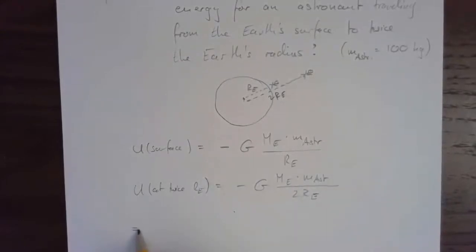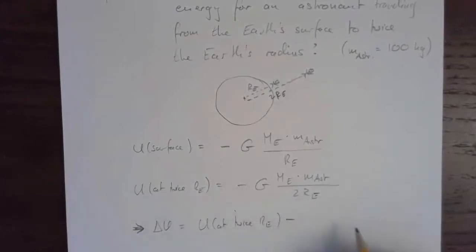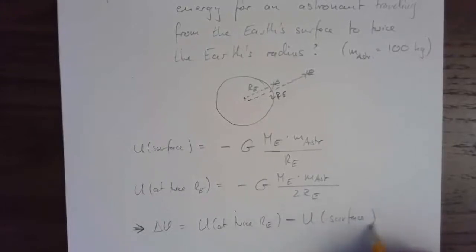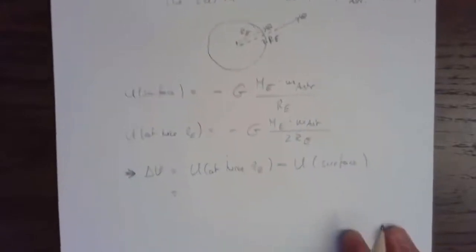Well, my change in potential energy, delta U, is going to be my final one at twice R_E minus the potential energy we started with, the energy at the surface, right? So it's this minus this. Well, it's easy enough.